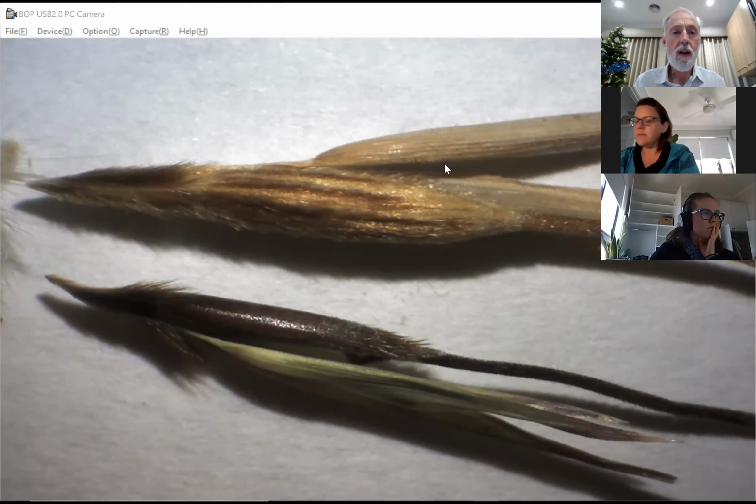Grasses don't have that same level of protection against cross-pollination, but it certainly does happen.